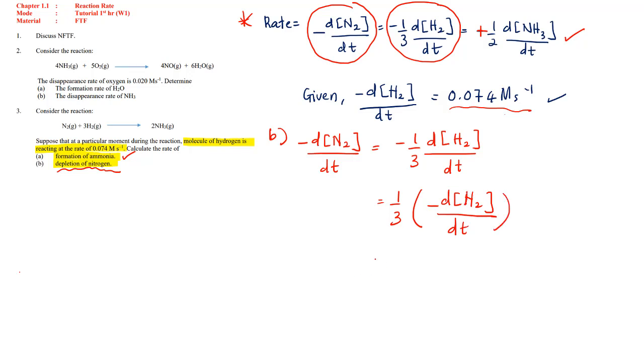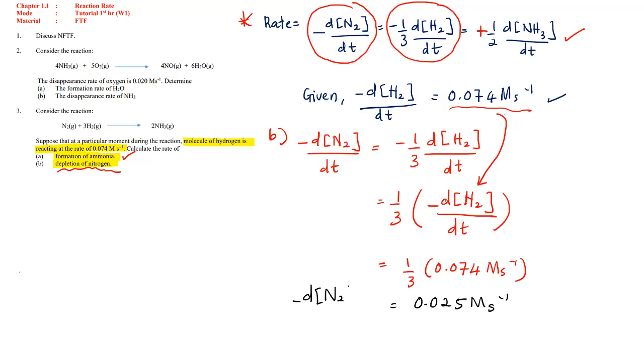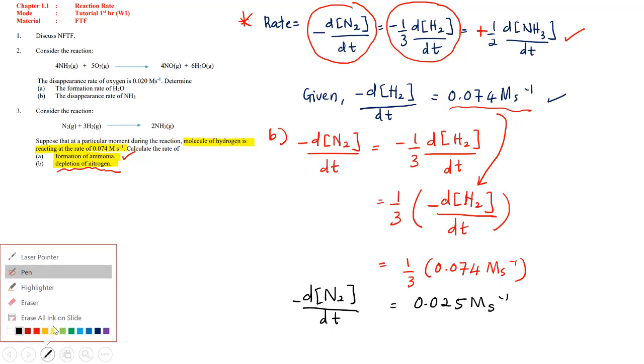This is hydrogen gas. Okay, substitute the value. So the rate of disappearance or rate of depletion of nitrogen gas is 0.025 molar per second.